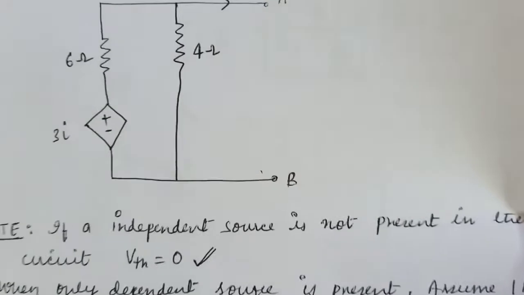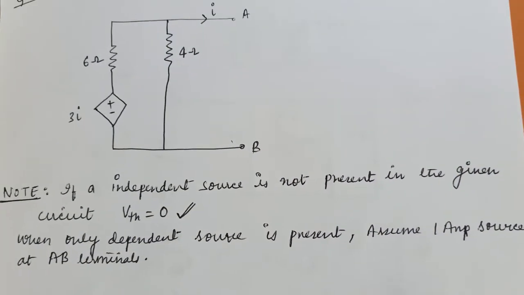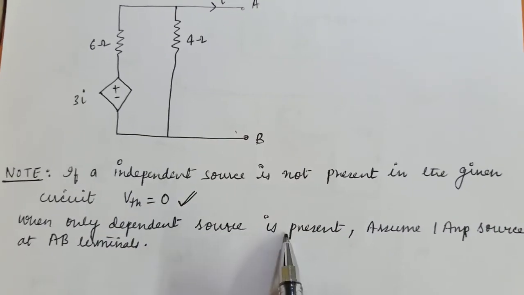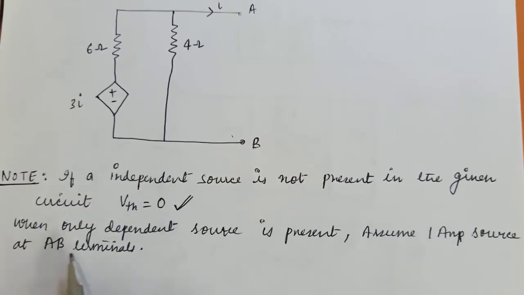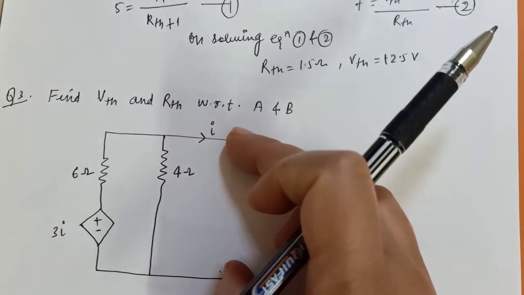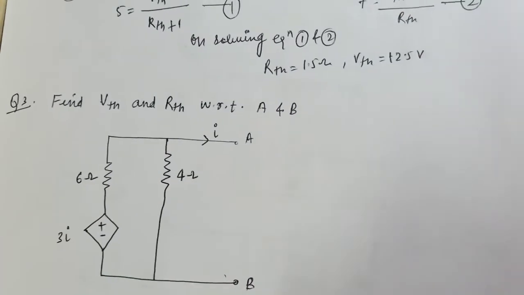Now how to calculate the R Thevenin? For calculation of R Thevenin, when only a dependent source is present, assume a 1 ampere source at the AB terminal. At this AB terminal, assume a 1 ampere source and find the R Thevenin.